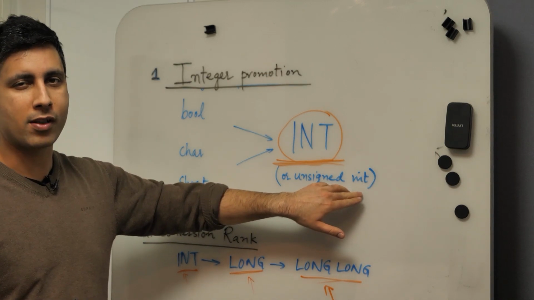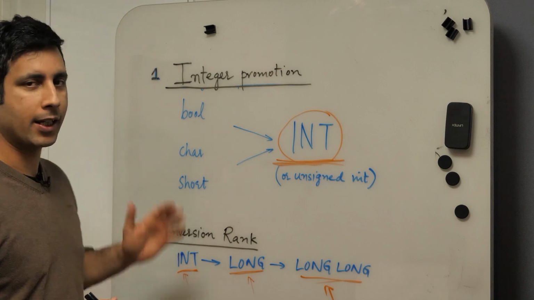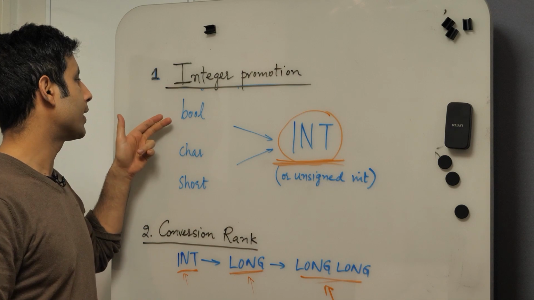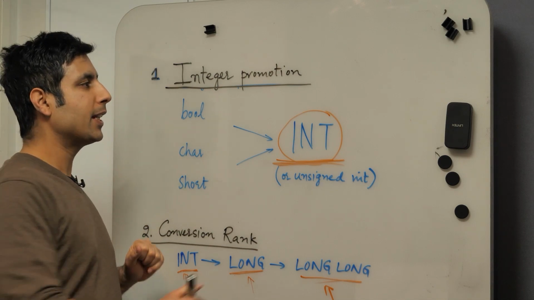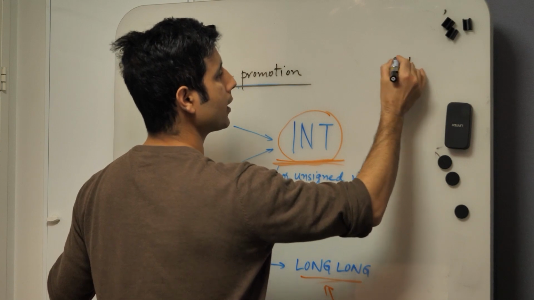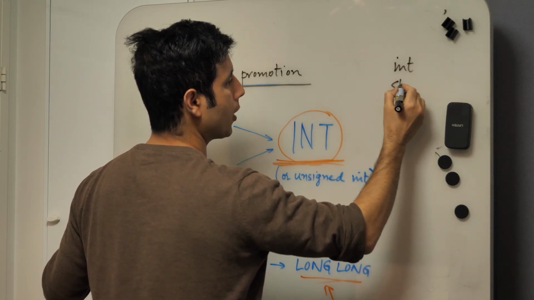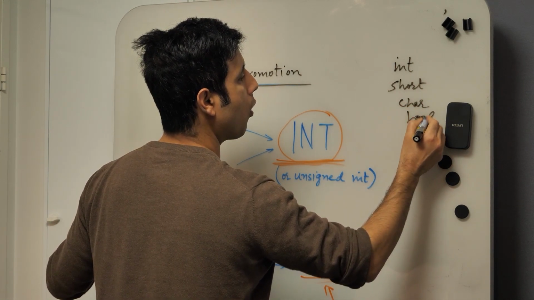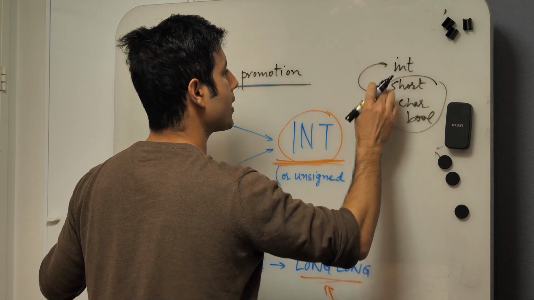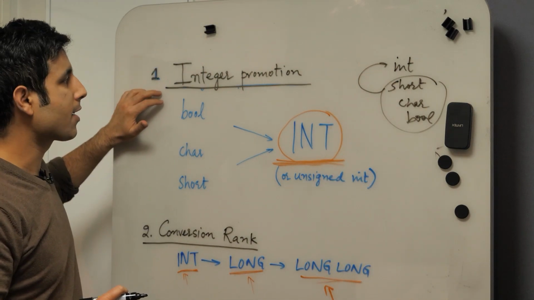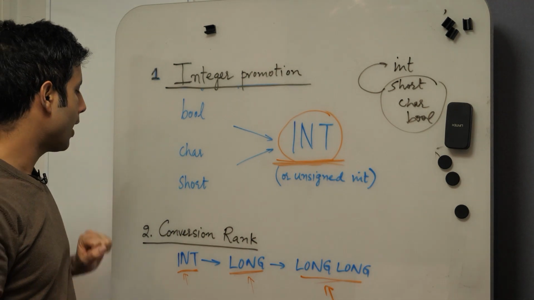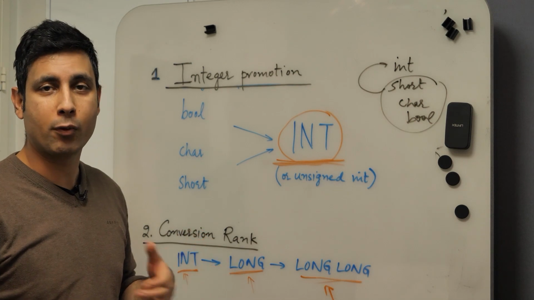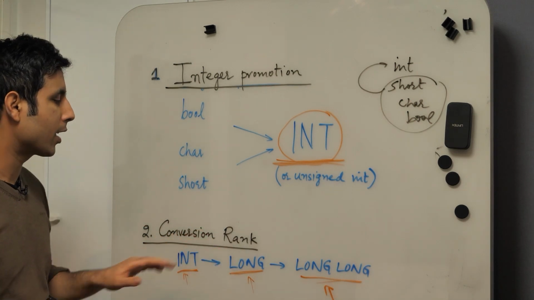We will discuss those cases shortly, but in most cases, every time you see an operator working on an operand of type bool, char, or short, anything lower than integer, all these will be promoted to integer, and this is called integer promotion. This is a very important C standard concept. And there is another thing which you need to remember before we discuss usual arithmetic conversion rules, that is conversion ranking.